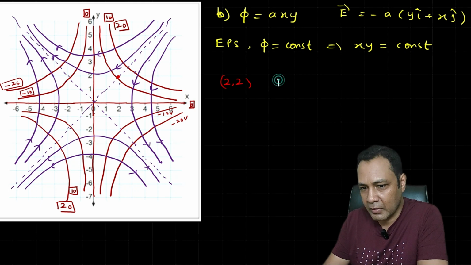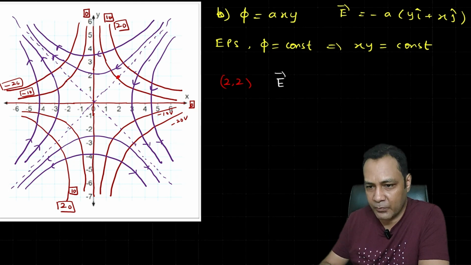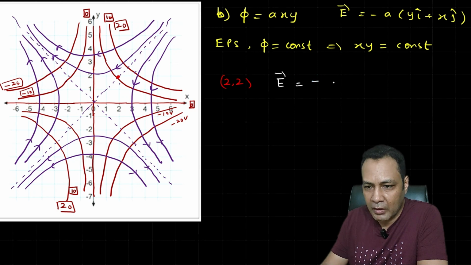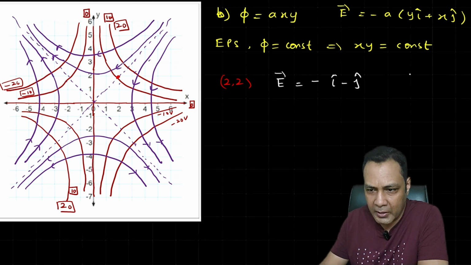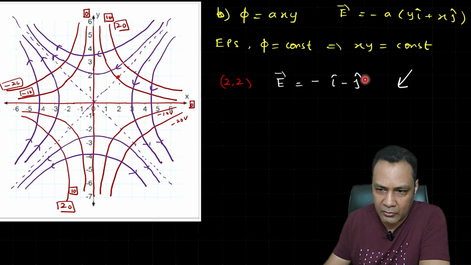I've already drawn this diagram assuming A to be positive. So taking A equal to 1 for the sake of simplicity, E would be minus I cap minus J cap. The lines would be something like that. So you can see that here the tangent to the line is along this direction.